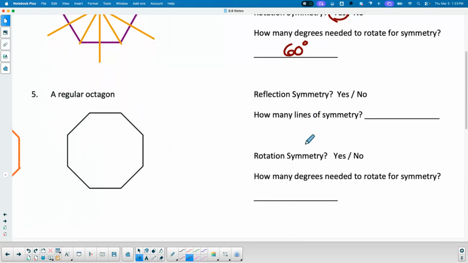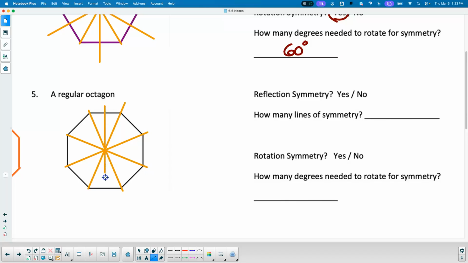Octagon. How many? 8. Okay. Corner to corner. And then the middles.